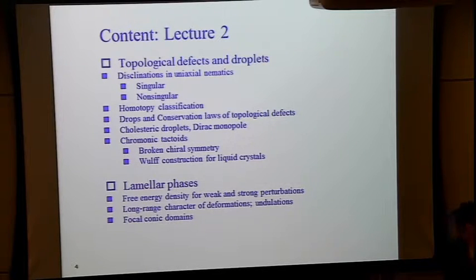In the second lecture tomorrow, I'll be talking about droplets of liquid crystals and topological defects. You will see that a defect in a liquid crystal is not something foreign, brought from outside, that the liquid crystal waits to expel. In fact, in many equilibrium states, the equilibrium is achieved thanks to the topological defects.